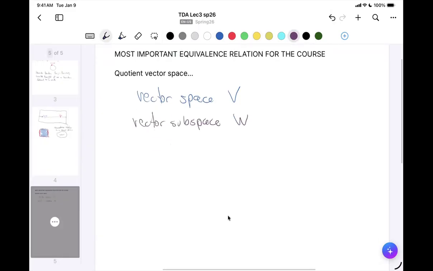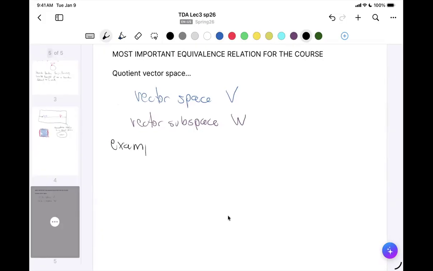With vector spaces, if you want to do a diagram, it's a bit silly sometimes, but an example of that could be the following. Your vector space could be, for example, R3, and the vector subspace could, for example, be the xy plane, just to have something very simple.